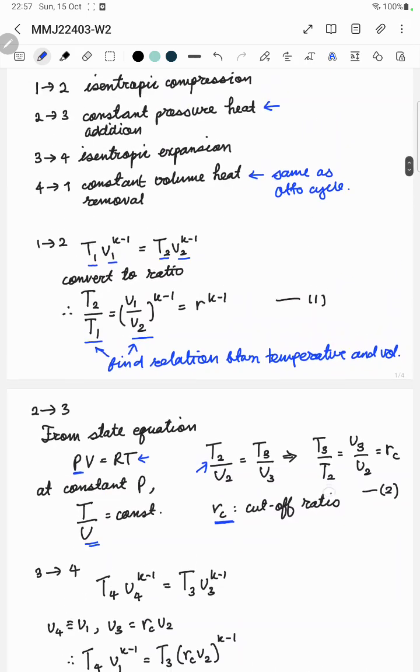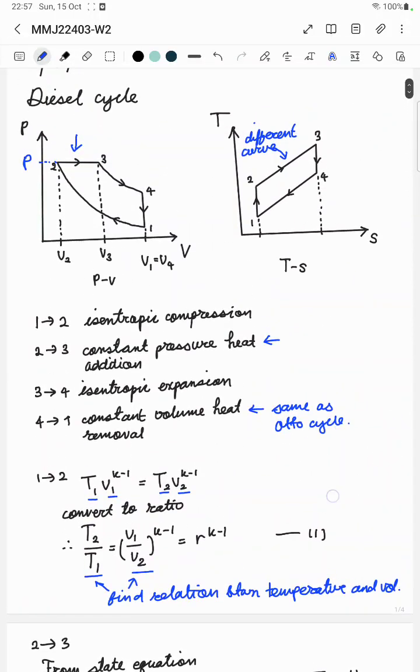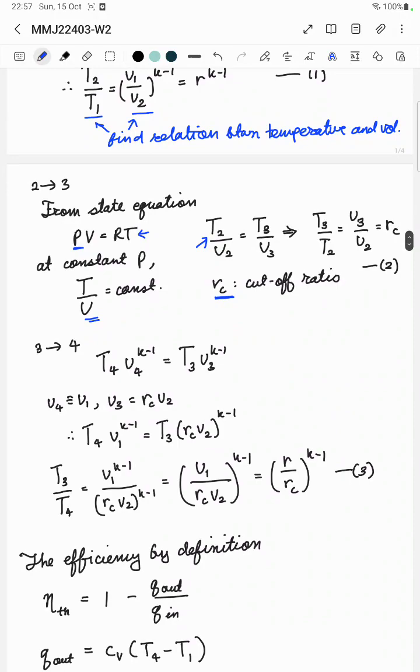The next step is, again, an isentropic expansion. In the case of isentropic expansion, we have T4 multiplied by V4 to the power k minus 1 equals T3 multiplied by V3 to the power k minus 1. And in this case, we know that volume 4 equals volume 1, and from our cutoff ratio, we know that volume 3 equals the cutoff ratio multiplied by volume 2.